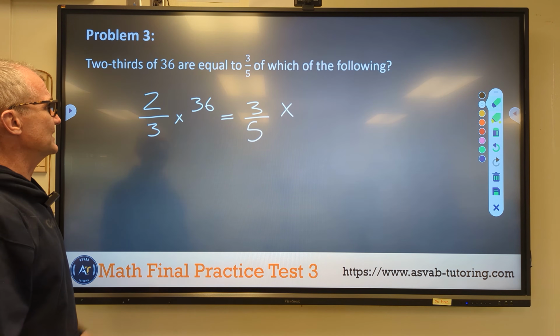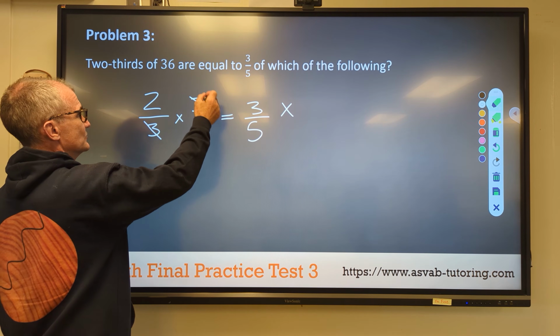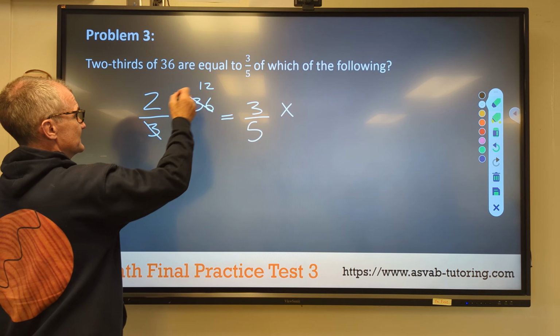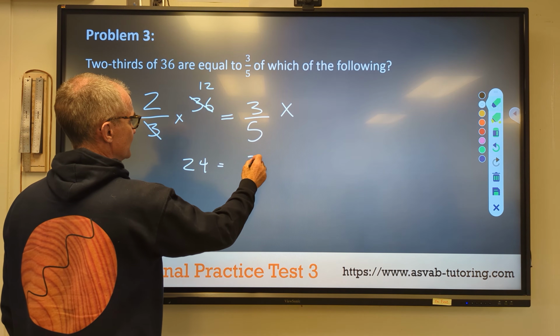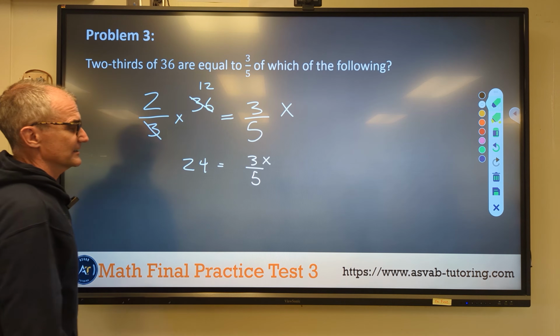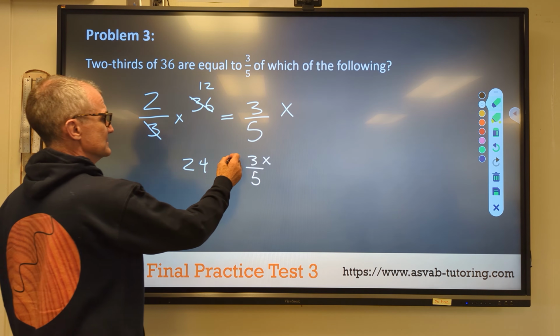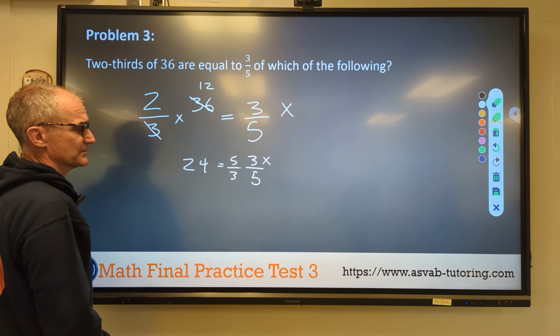So I could simplify a little bit here. 3 goes into 36 12 times. 2 times 12 is 24, which is equal to 3/5 times x. I can multiply both sides of the equation by 5/3, multiplying by the reciprocal there.